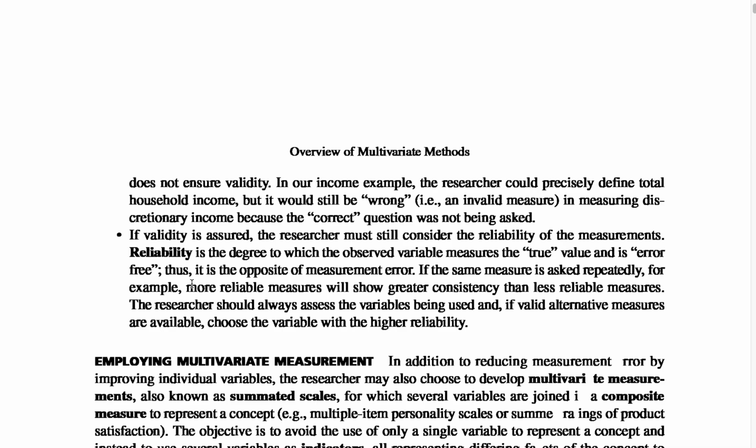If validity is assured, the researcher must still consider the reliability of the measurement. Reliability is the degree to which the observed variable measures the true value and is error free. Thus, it is the opposite of measurement error. If the same measurement is asked repeatedly, for example, a more reliable measurement will show greater consistency than a less reliable measurement.